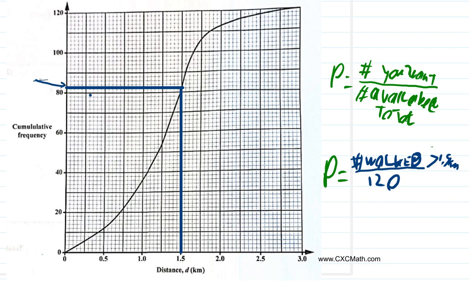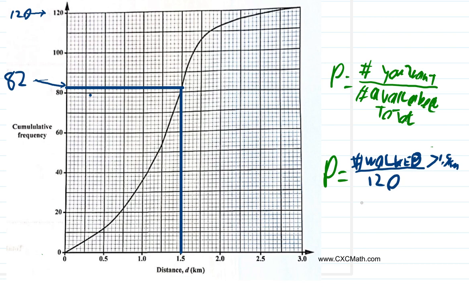So here now, this is 80. Each of these small squares was 2, so it's 82. 82 of them walk 1.5 kilometers, right? So the maximum is 120.